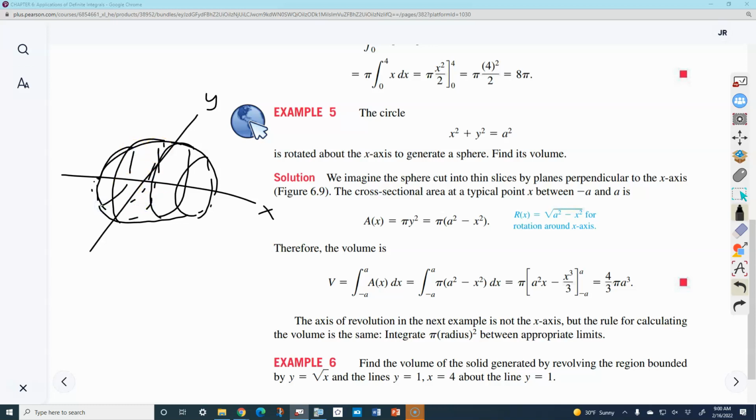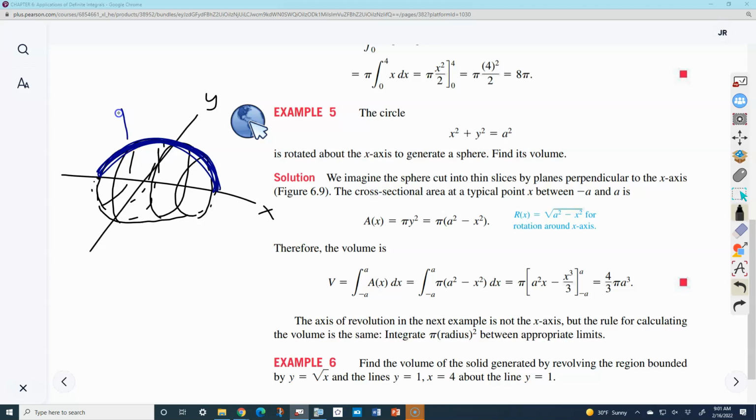And that's a pretty ugly sphere, but it's something like that. I'm just going to take this semicircle and revolve it 360 degrees around the x-axis, because it doesn't matter if I revolve this semicircle or the whole circle, I'm still creating a sphere.